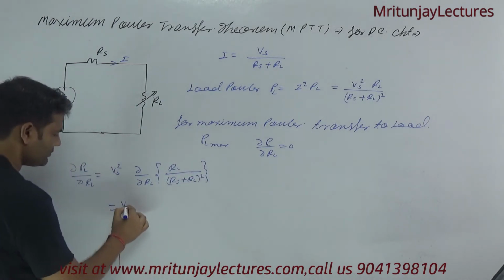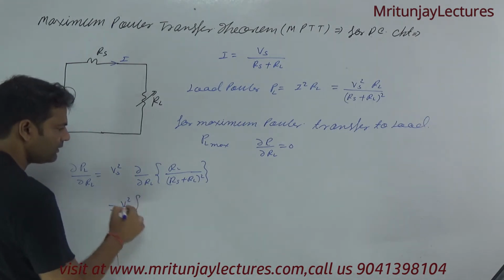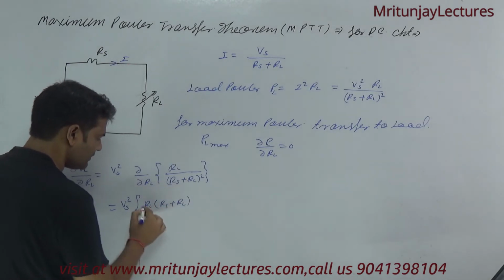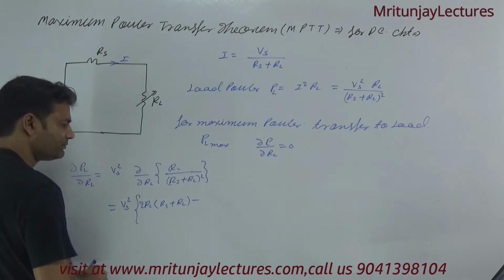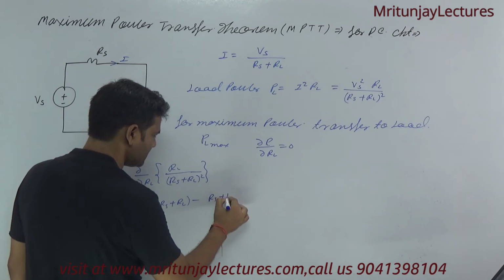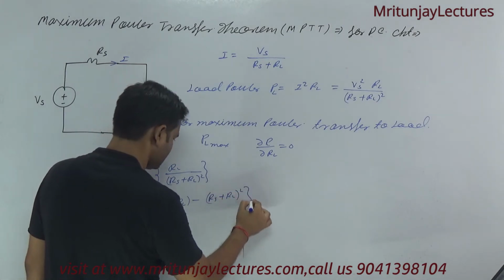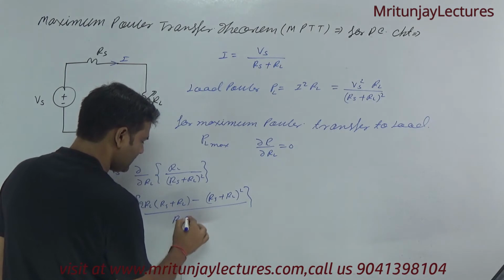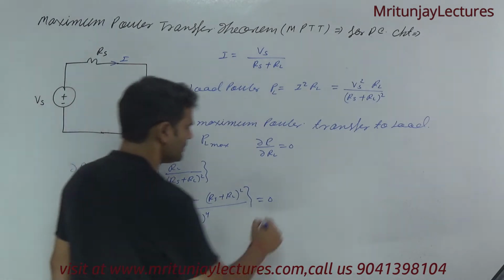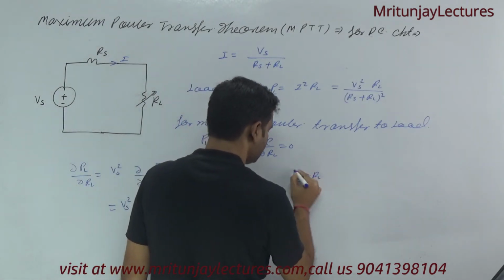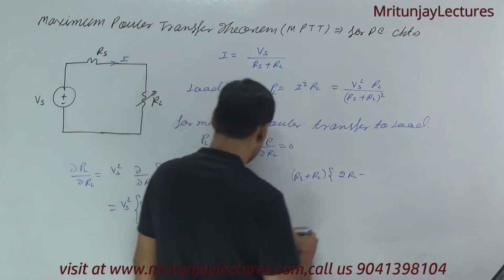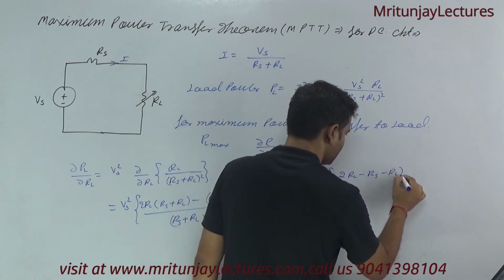Okay, so Vs square into (Rs plus RL) square minus RL into 2 times (Rs plus RL), differentiating this one, whole divided by (Rs plus RL) to the power 4, this is equal to 0. Now Rs plus RL is common, then we get (Rs plus RL) minus 2RL, that is Rs minus RL.